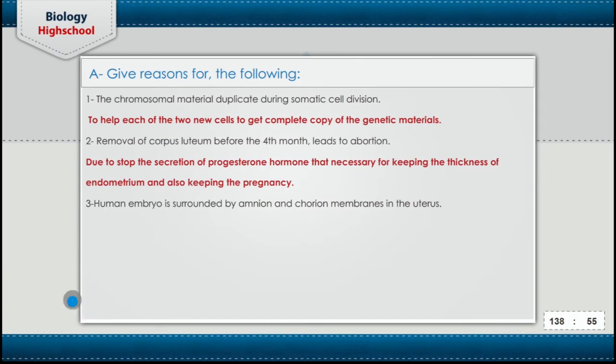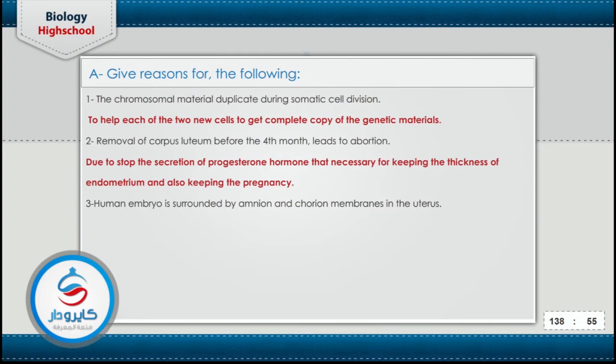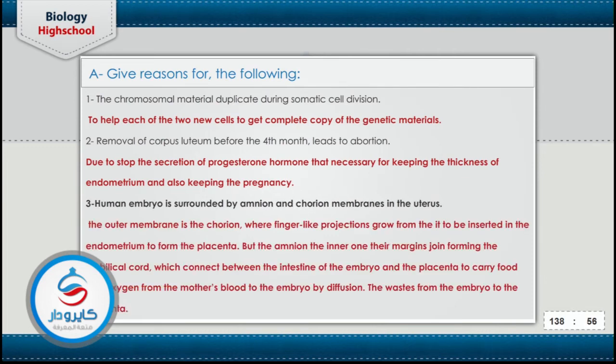The human embryo is surrounded by the amnion and the chorion membrane in the uterus. It's as if he is asking us what the amnion does and what the chorion does. We know that the amnion edges connect together to form the umbilical cord, which connects the abdomen of the fetus and the placenta of the mother, and the amnion also contains the amniotic fluid that protects the embryo against shocks and dryness.